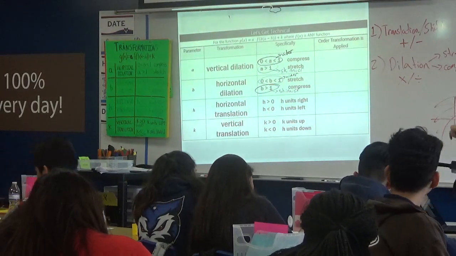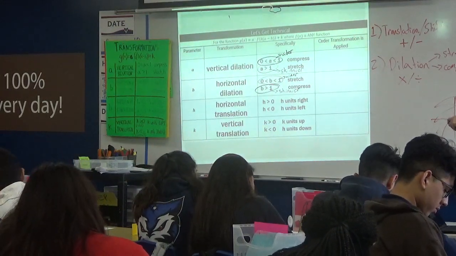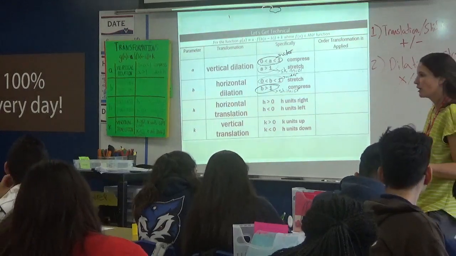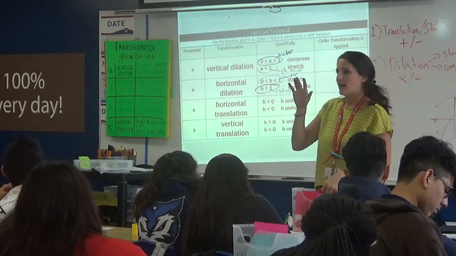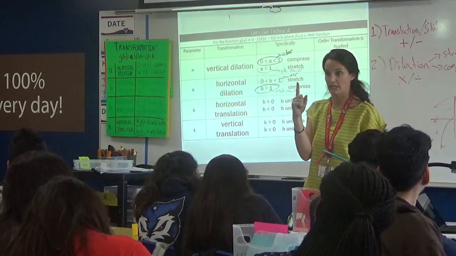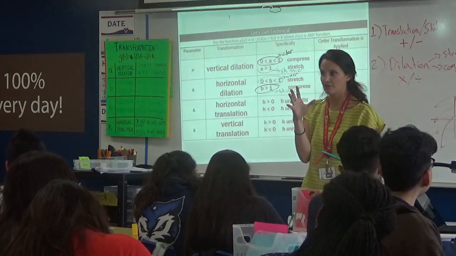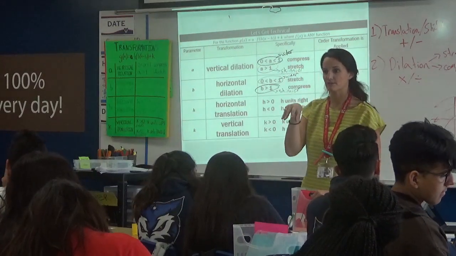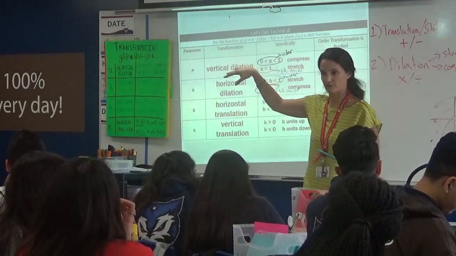One last thing to note, this last column right here, everything we looked at so far was either like absolute value of x plus 2 or 2 times absolute value of x. There's just 1. But we could have both. You could have like 3 times the absolute value of x plus 2 off to the side.